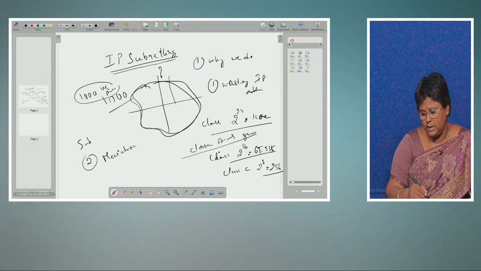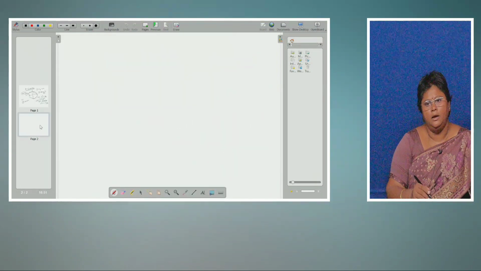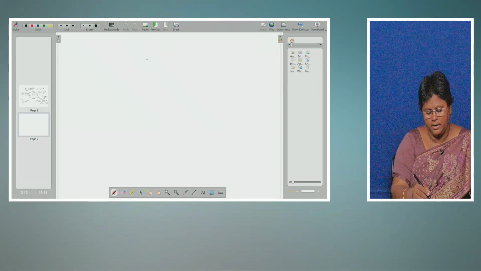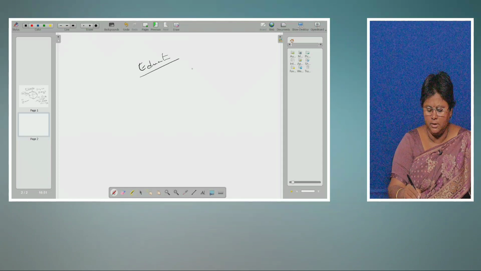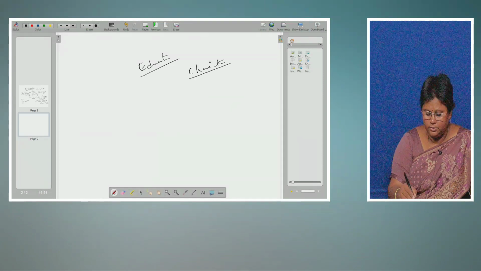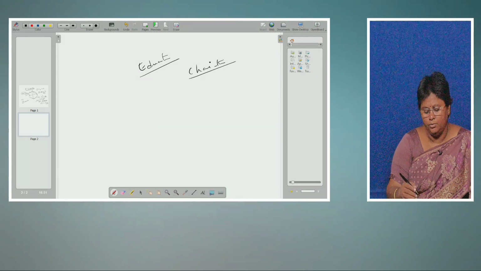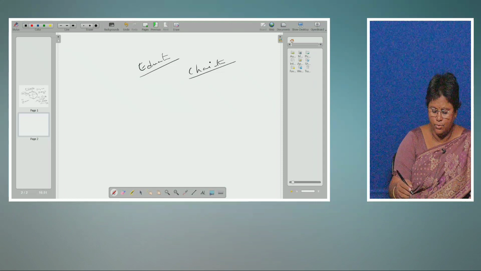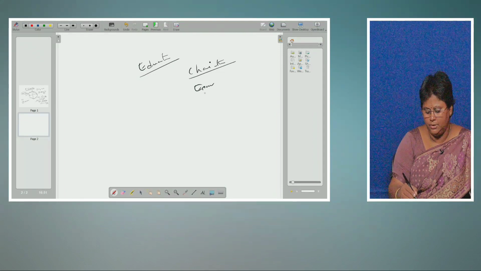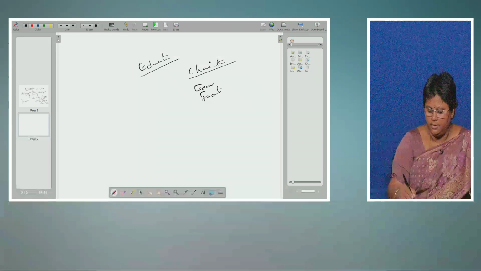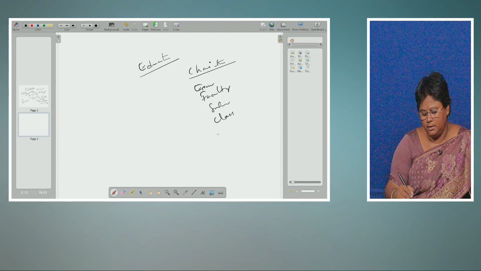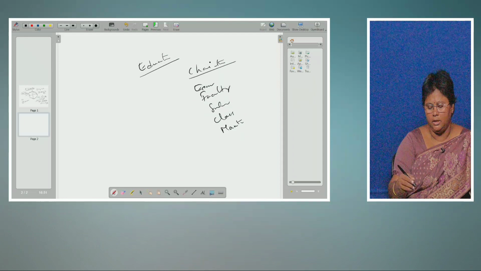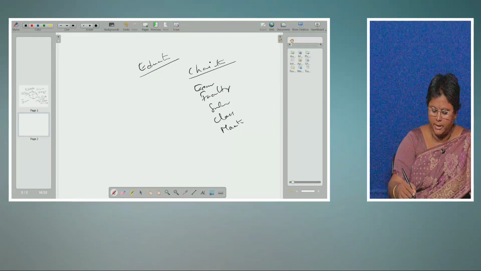Not only this, let us take an example of an educational organization, such as Chaitanya school. In a school we have many departments: an exam section, a faculty section, a student section, a class section, and maintenance. Each person pertains to one department.